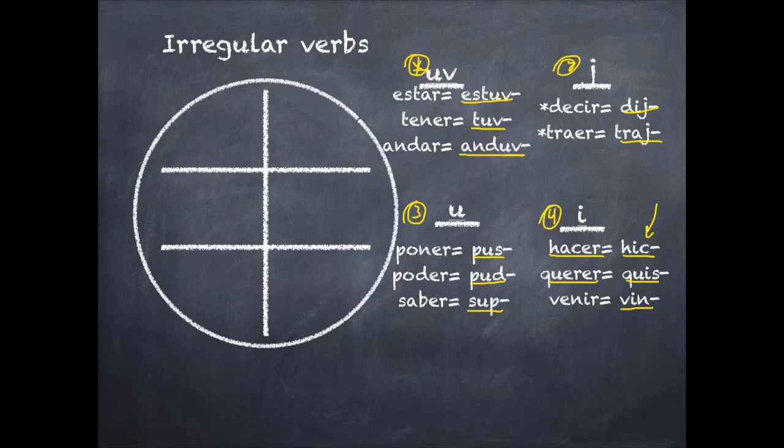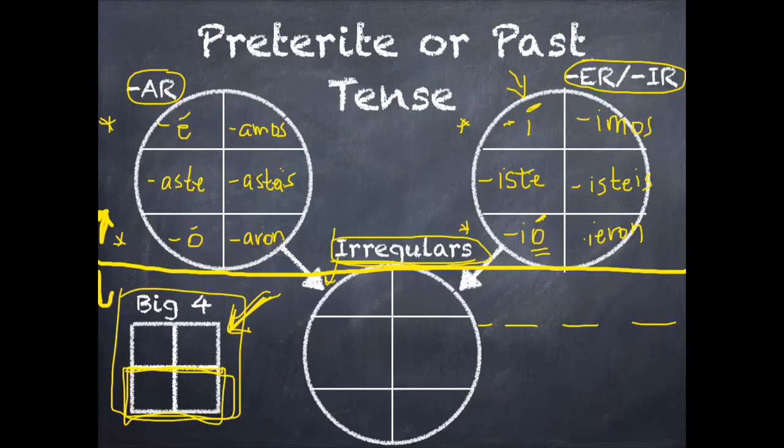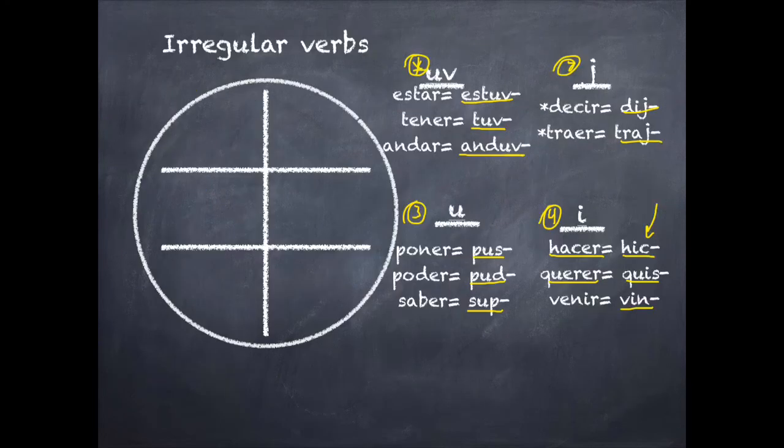So, for example, the irregular verb endings, as we can see from the previous chart, what I have are these little arrows right here, okay? The reason why I put them there is because some of the AR verb endings were shared to form the irregulars, and the same thing with the IR verbs. So let's take a look, okay?